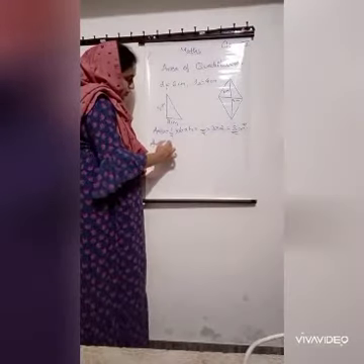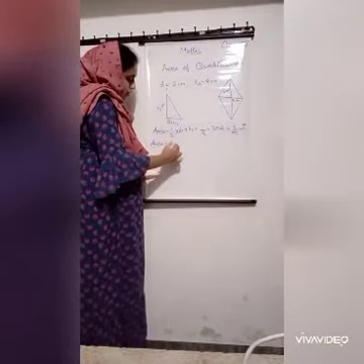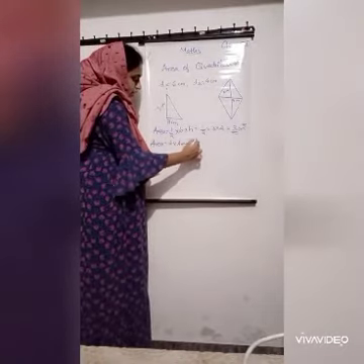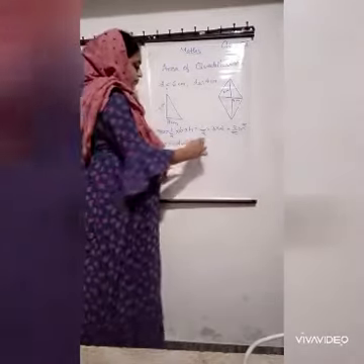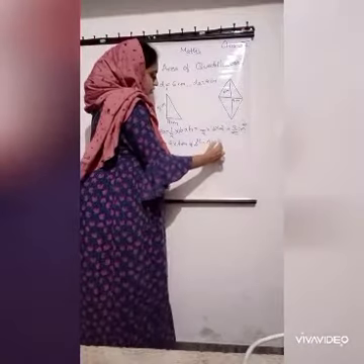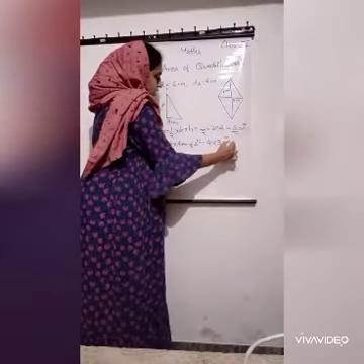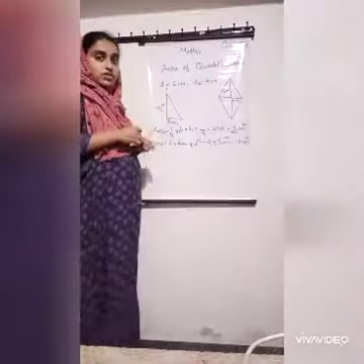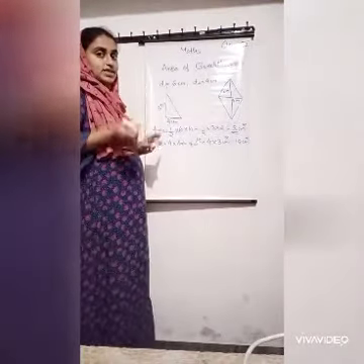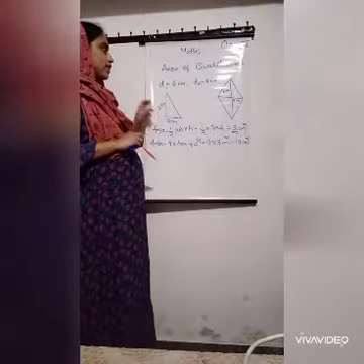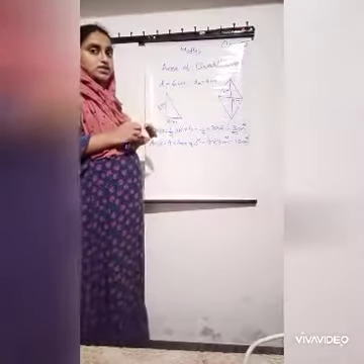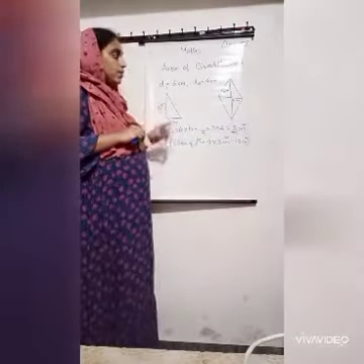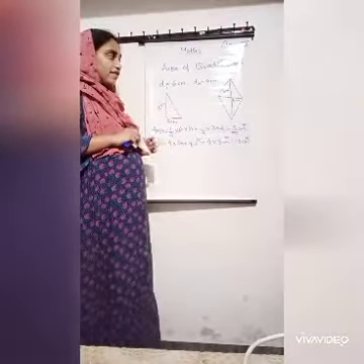Area is equal to 4 into area of triangle, that is equal to 4 into 3 centimeter square, that is equal to 12 centimeter square. Anybody have any doubt? Just like that area of square, we can find the area of rhombus. Only one difference. What is that difference? Yes, in square diagonals are equal, but in rhombus diagonals are different.